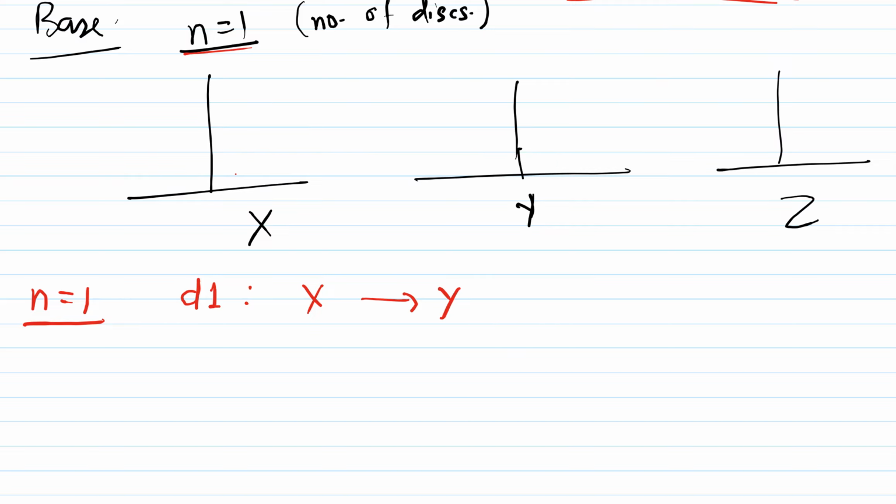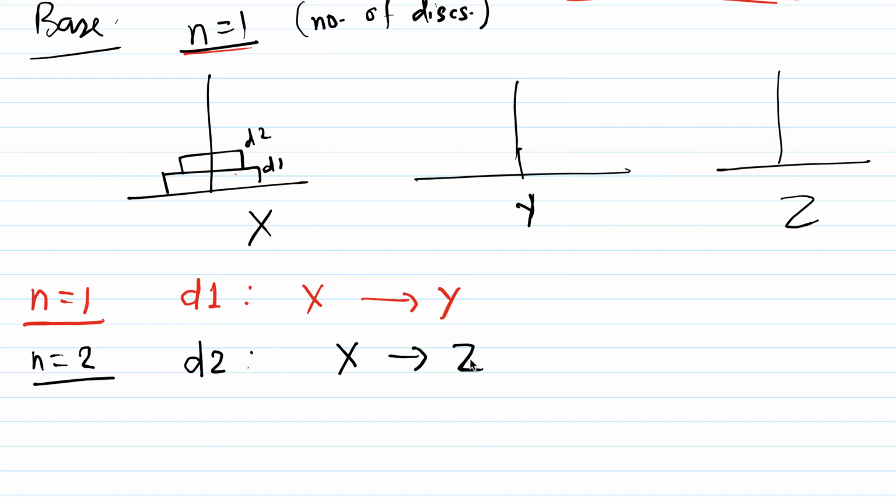Now let's take a bigger example, n equal to 2. So we have two disks now, D1, D2. First we can take one disk at a time. So the idea is that we will take D2 from X to Z. So D2 will come here. Now this is D1.